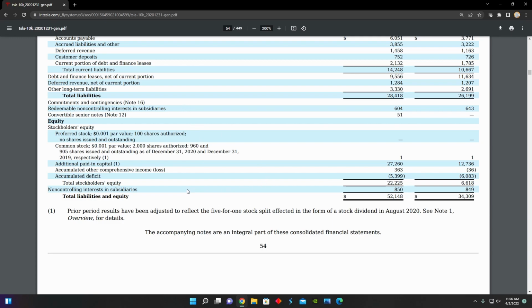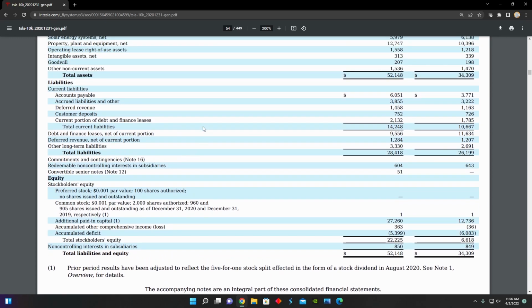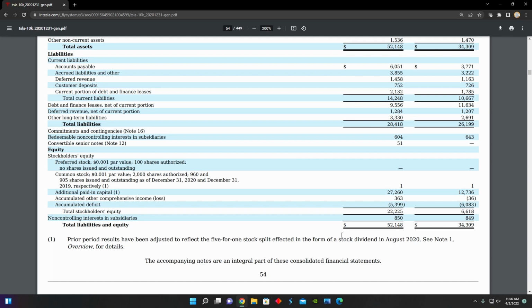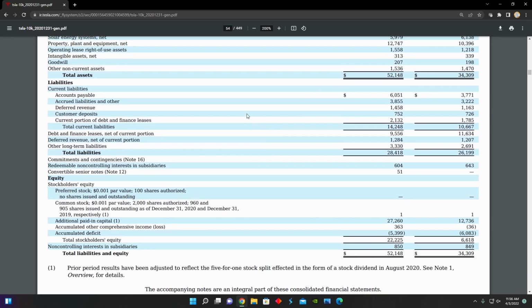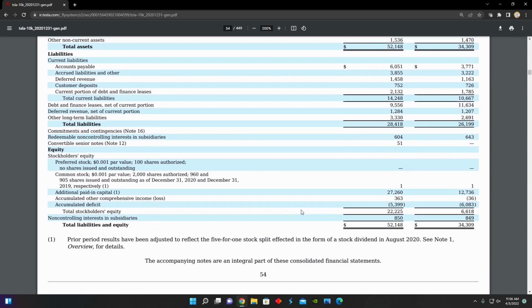It's basically just pointing out the amount of ownership interest in a dollar amount that the non-controlling interests have in subsidiaries that are owned by the parent company, in this case, Tesla. And then right here, we see total liabilities and equity. This is taking all of the equity here added to all of the liabilities here, and that gives us the total liabilities and equity, which is equal to the total assets, thus balancing it out. That's why it's called the balance sheet.